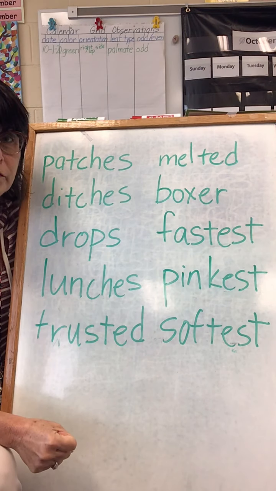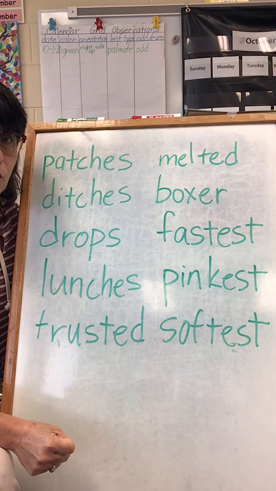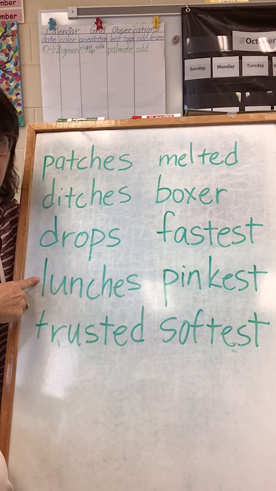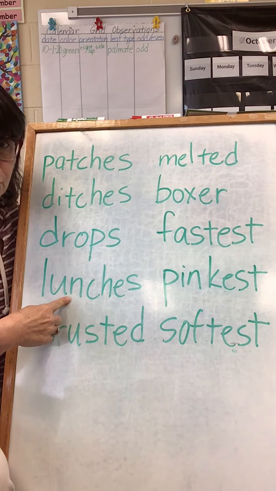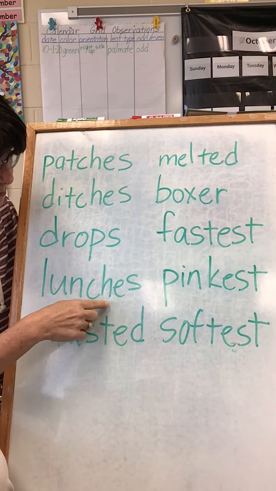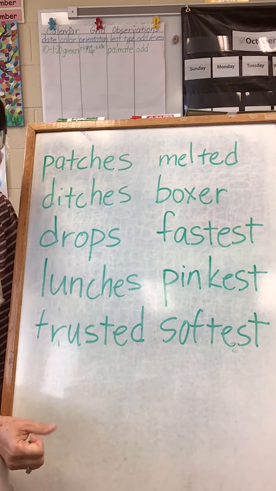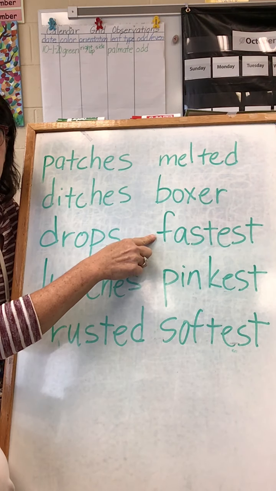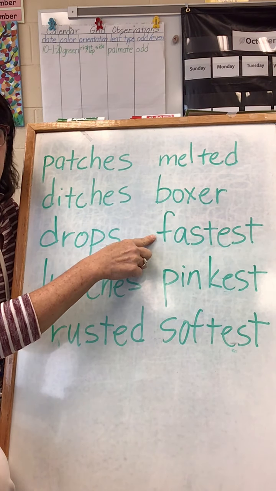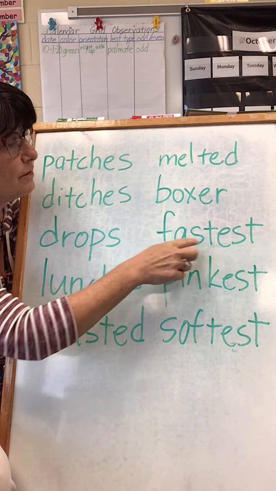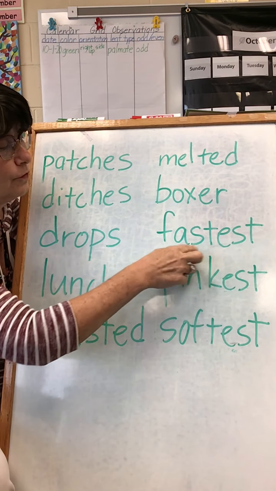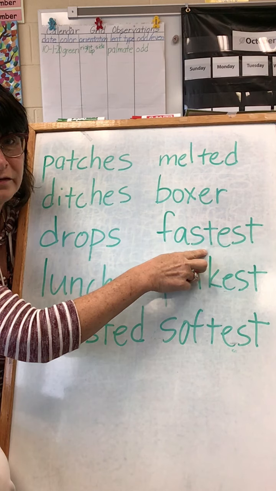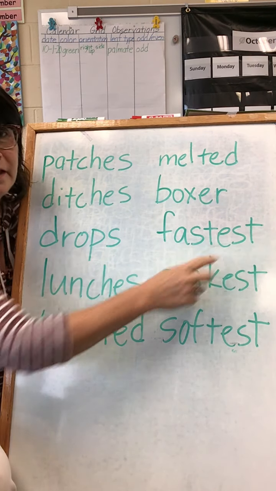What is the root word or the base word in the word lunches? If you said lunch, you are correct. Lunch is the base word. Okay? What is the suffix in the word fastest? If you said est, you are correct. This is the root word or the base word, fast, and we added the suffix est.